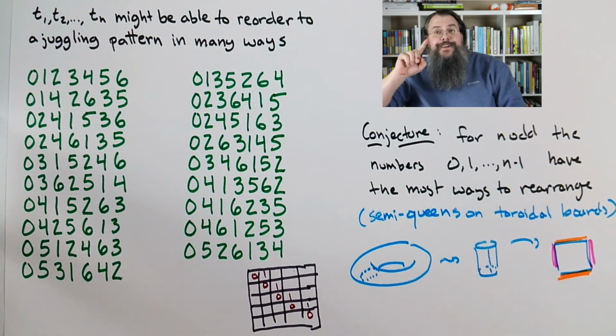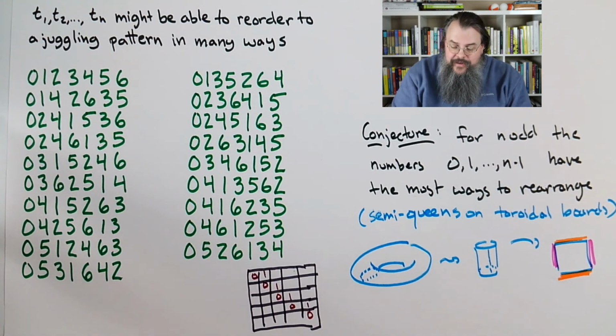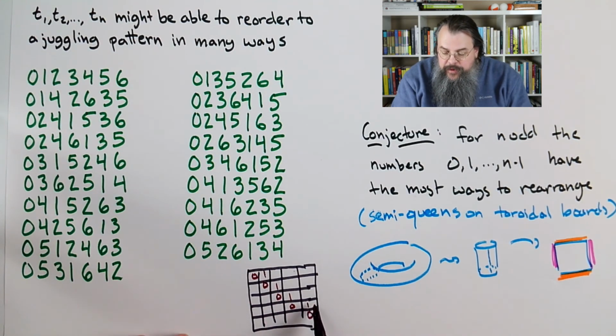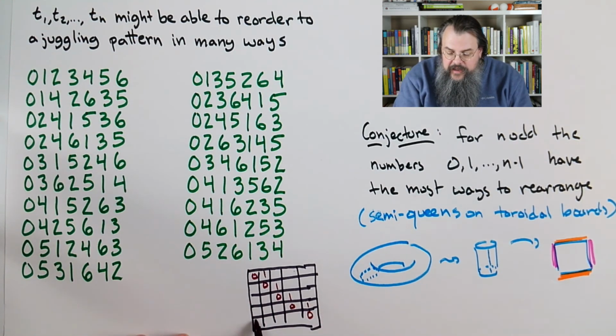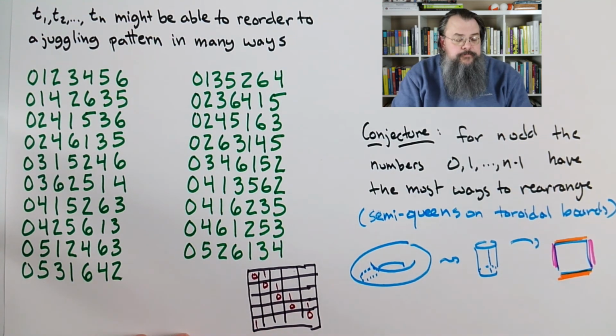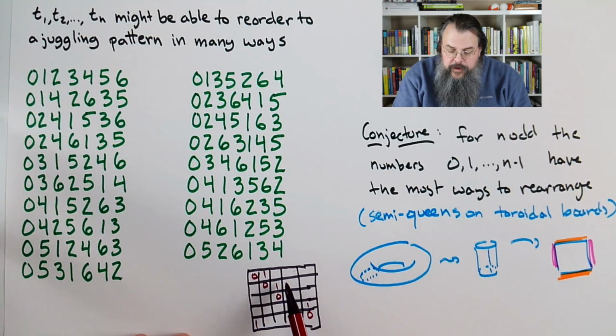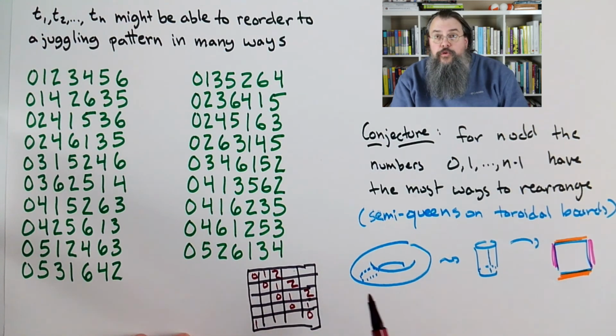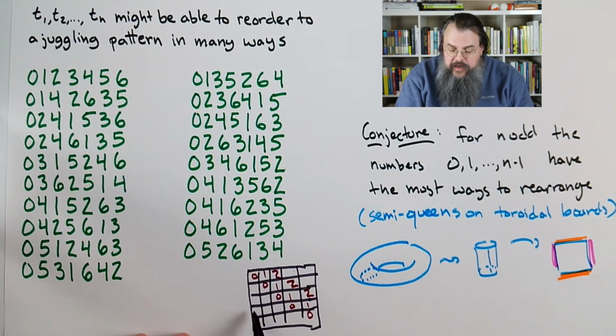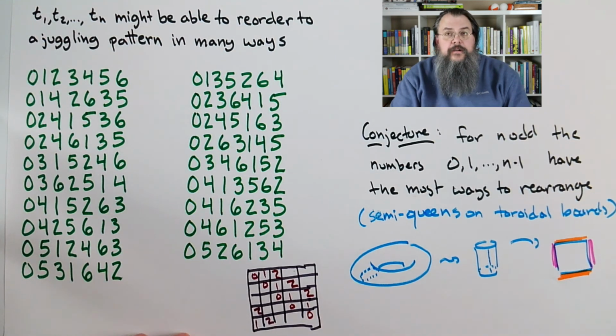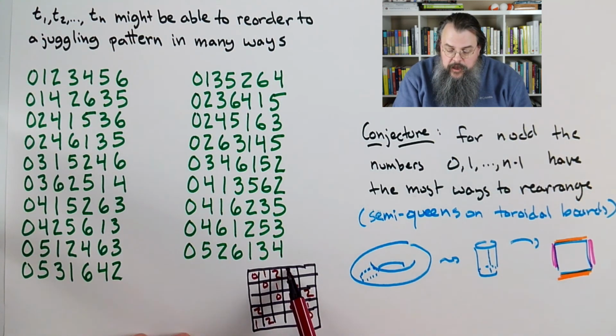But remember, we can wrap around. If I wrap around to the opposite side, the diagonal would continue in that bottom corner. What if the queen were there? Again, I can go there, but now I can wrap around to the opposite side, and I can also go there. And how about the next one? Well, I think you see where this is going.